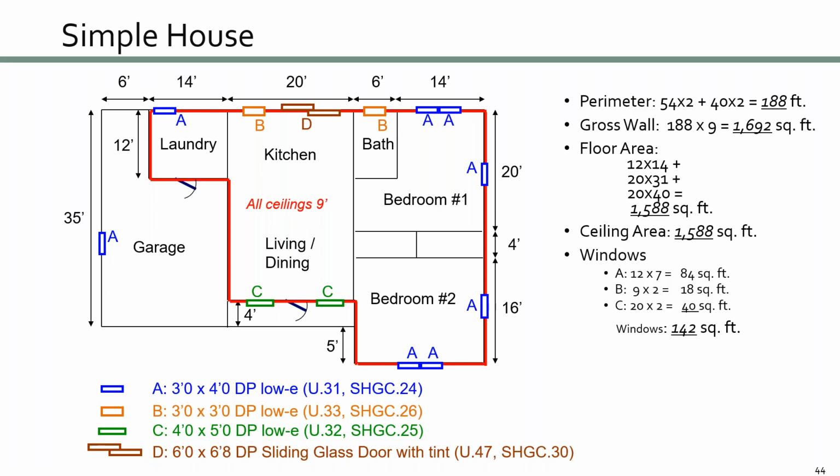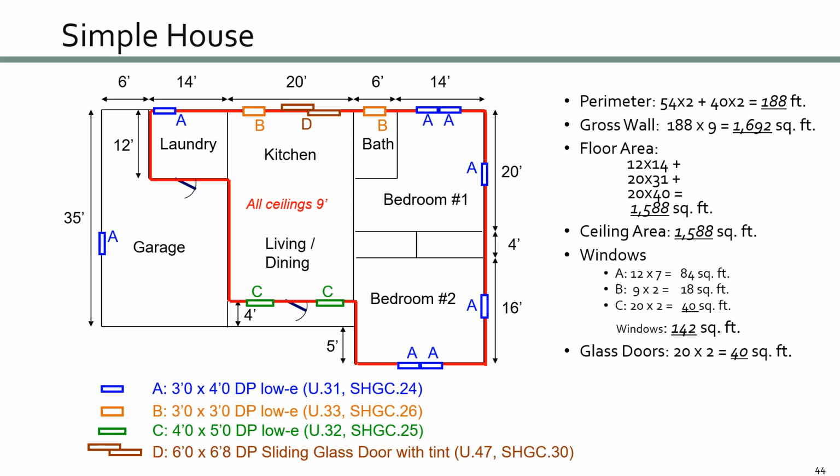The windows on this house are distributed as you can see. There are three different kinds of windows, just to be difficult, that are all double pane low E, so they're all pretty close to having the same performance. They add up to be 140. There's also a sliding glass door, which is treated like a window.